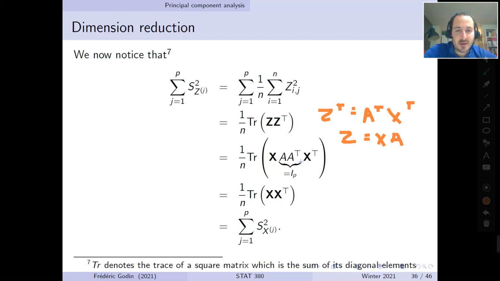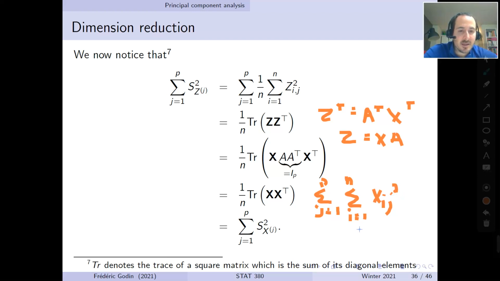For that reason, this product disappears and we get the trace of X transpose X, which is simply equal to the sum over j from 1 to p, sum over i from 1 to n, of x_ij squared.